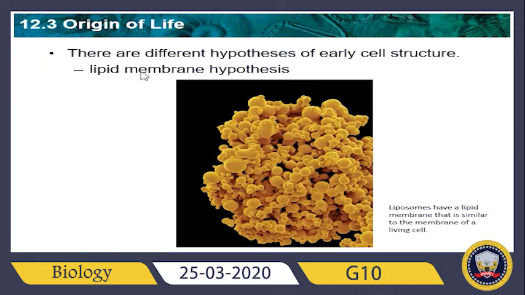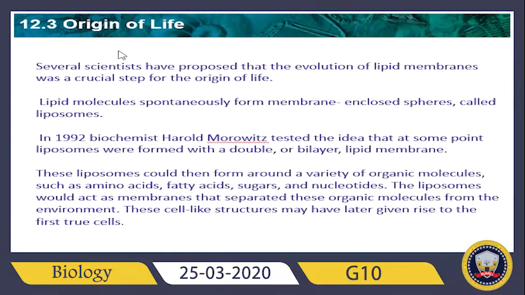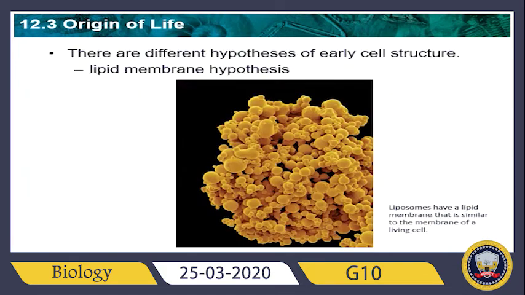So guys, what about the second hypothesis, the lipid membrane hypothesis? Several scientists have proposed that the evolution of lipid membranes was a crucial step for the origin of life. Lipid molecules spontaneously form membrane-enclosed spheres called liposomes, as we can see in this figure. Liposomes have a lipid membrane that is similar to the membrane of our living cells.